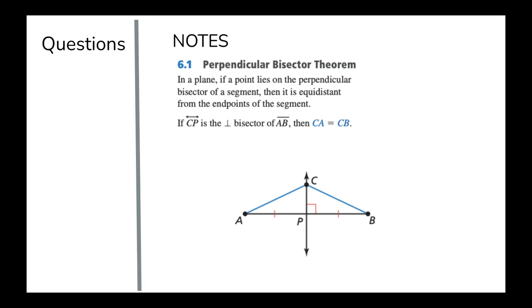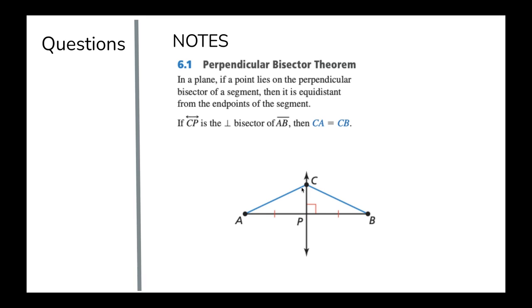So if you're at the endpoints, it's going to be the same distance from the endpoints to a point on the perpendicular bisector. Now, this point can be anywhere on the perpendicular bisector, and they'll be the same distance away from the endpoints of the segment that's being bisected.